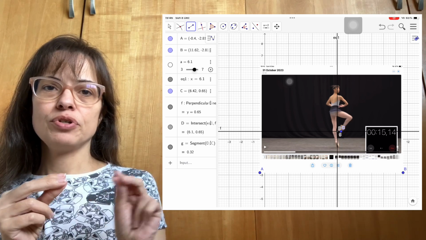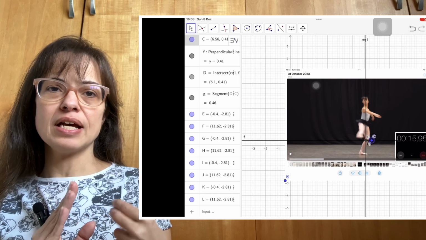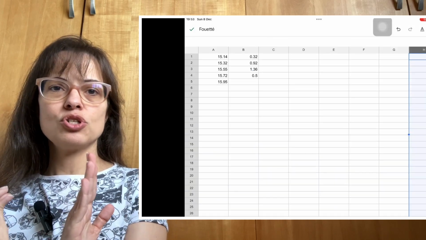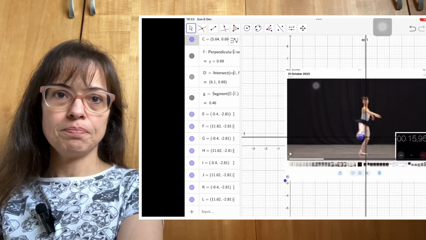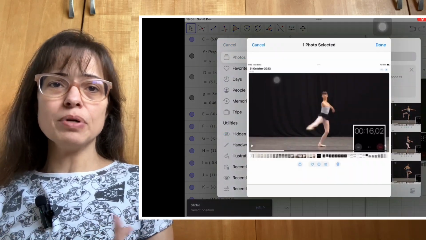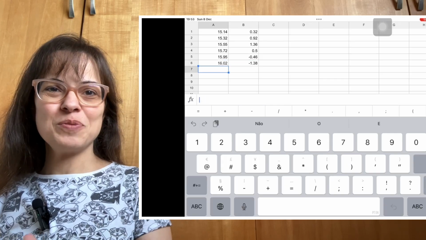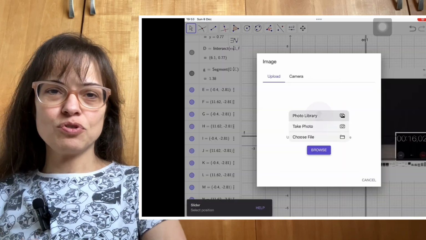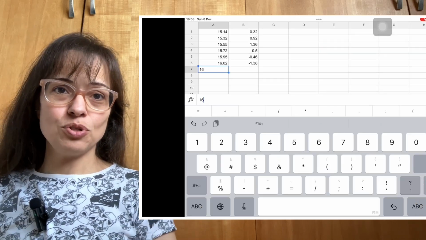So whenever her foot is to the right of the vertical line, I'm putting that in my spreadsheet as a positive number. And when it is to the left of the vertical line, I'm putting that in the spreadsheet as a negative number. The video has her spinning around a bunch of times, but I only collected the data for 2 of those spins because I thought that would be enough to make a mathematically interesting IA. So let's go ahead and see what we can do with these numbers.